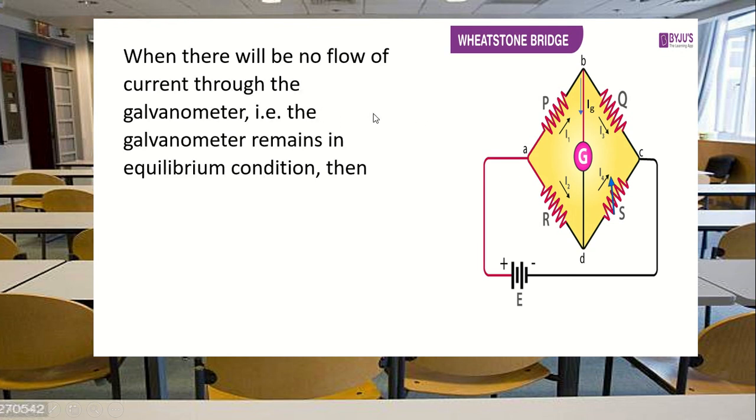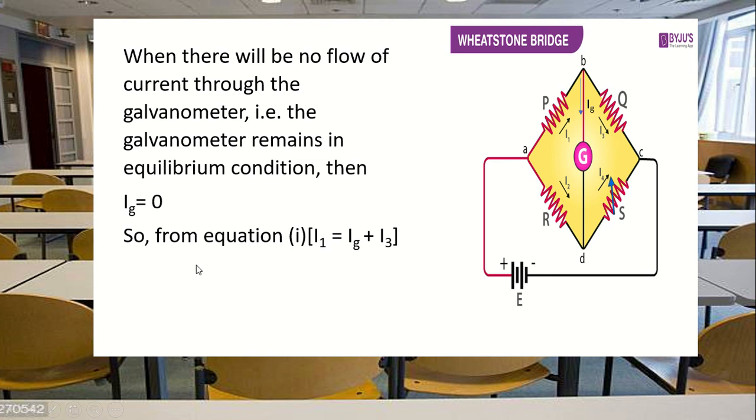When there is no flow of current through the galvanometer and it remains in equilibrium condition, that is called the balanced condition or null condition. Then Ig equal to 0, meaning there is no current through the galvanometer. From equation 1, which I wrote earlier, when we apply Kirchhoff's current law at the junction B, I1 equal to Ig plus I3.